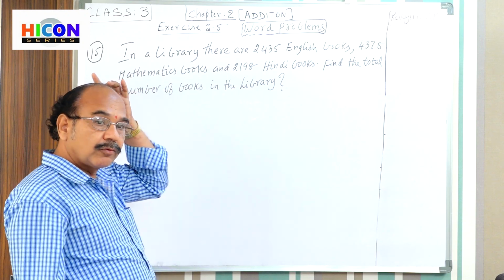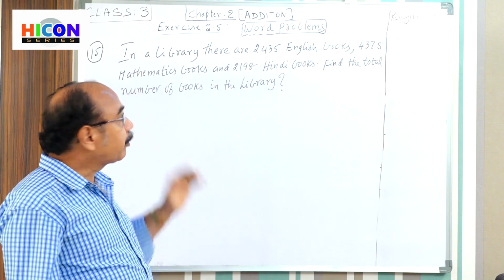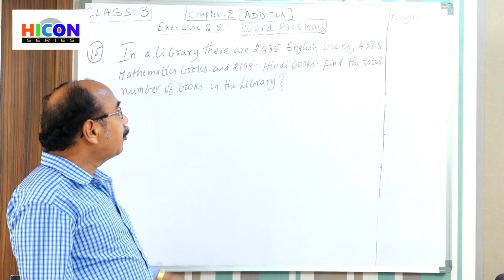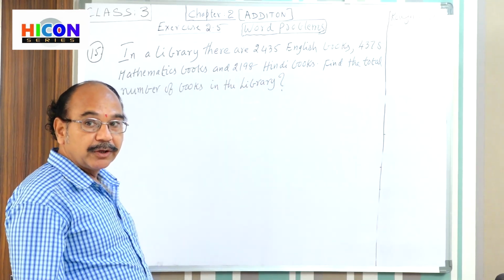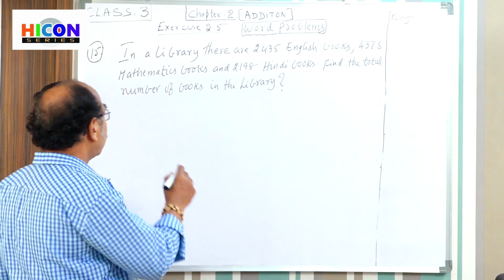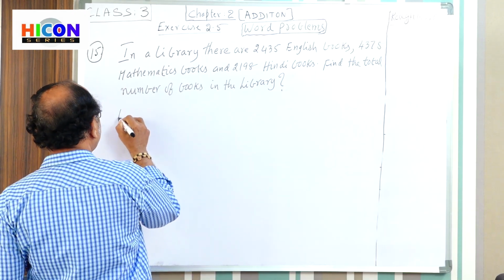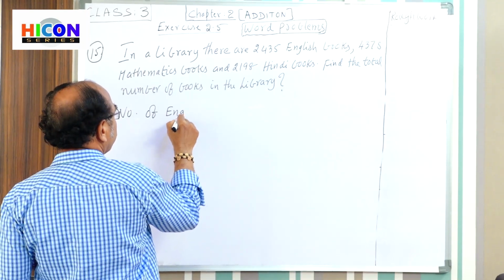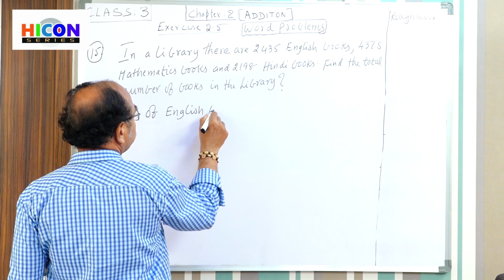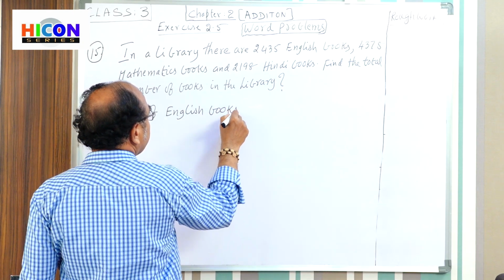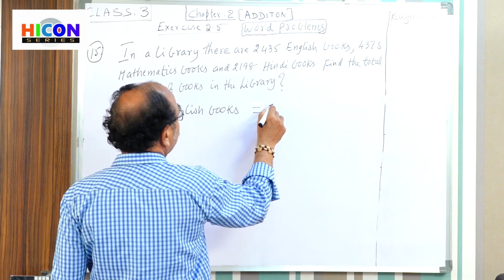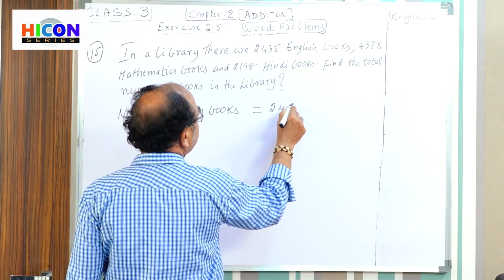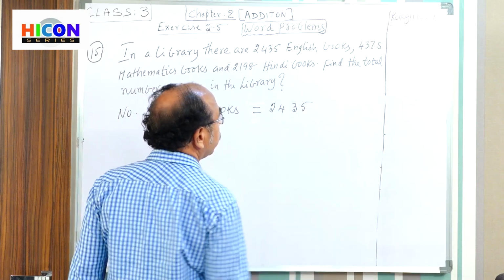After reading the problem, you write what is given in the problem. How many English books are there in the library? 2435. We write it as the first step. Number of English books is equal to how many? 2435.